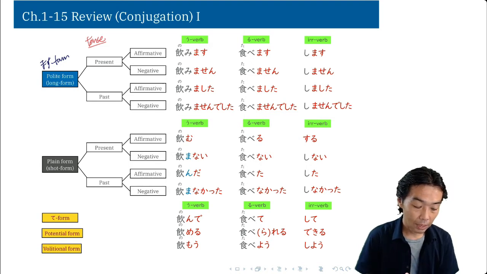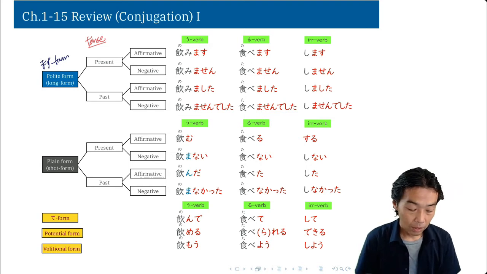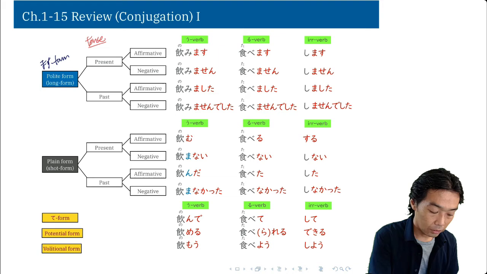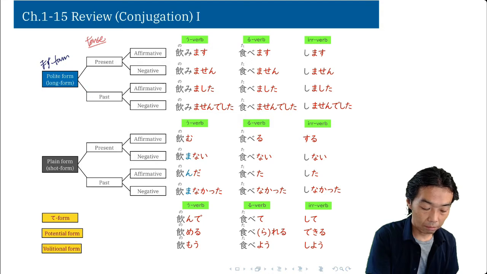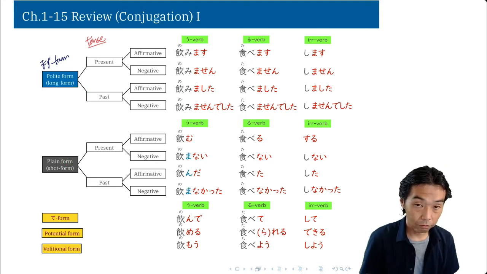So if you say something like tabemasu, you might be talking about right now, or you might be talking about the future. So there are two tenses, so each form has present tense and past tense. So there are two forms.